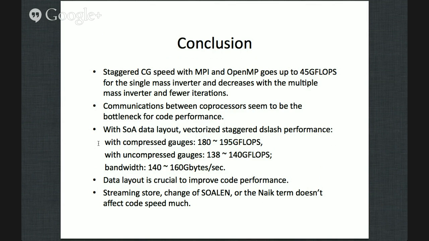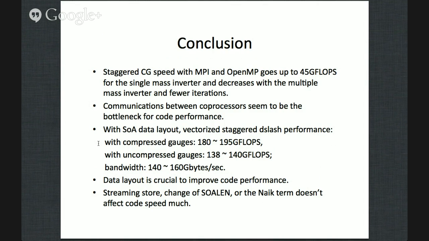And for the vectorized staggered D/slash performance, with the SOA data layout, we observed performance around 180 to 194 gigaflops for both the naive and the D/slash with the naive terms.